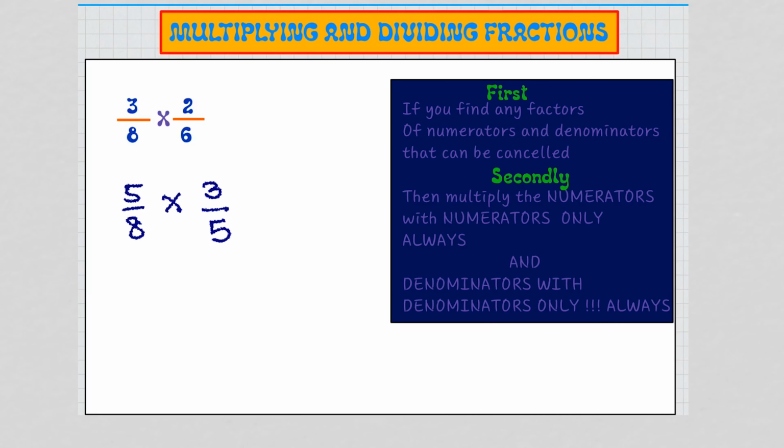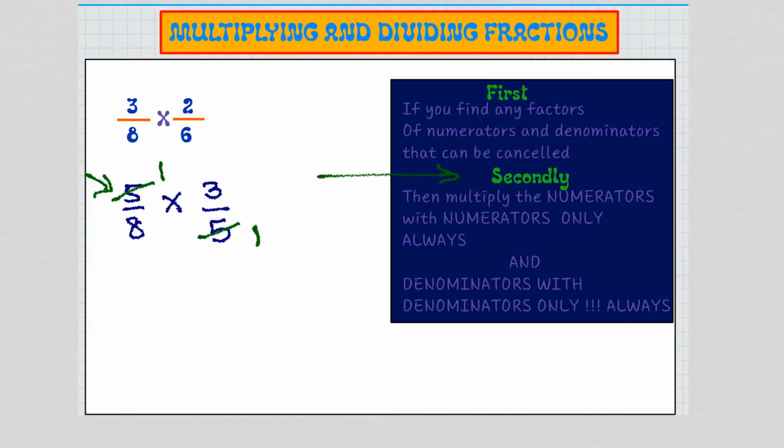Let me do another example for you. In this one we have 5 over 8 times 3 over 5. First thing we do, if I can cancel any numerator or denominator, is divide: 5 divided by 5 is 1 and 5 divided by 5 is 1. So I can write 1 and 1 instead of 5 and 5. There are no more factors after this.